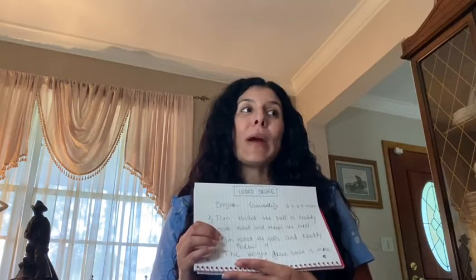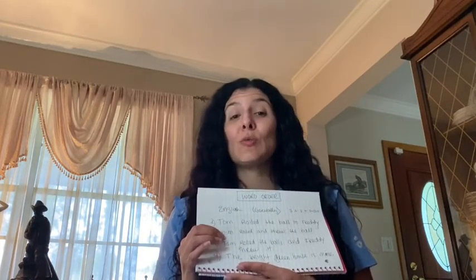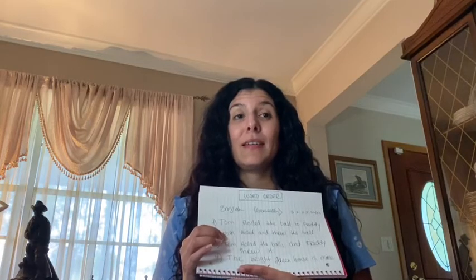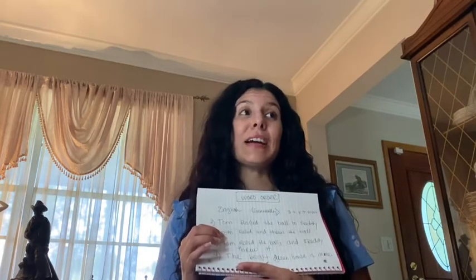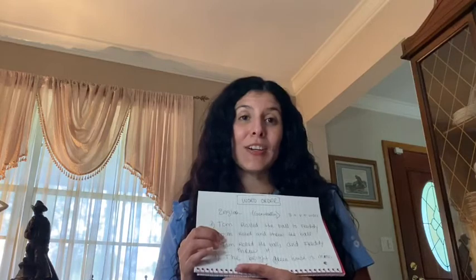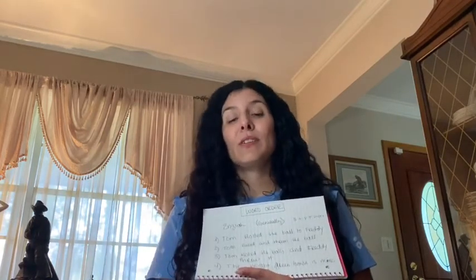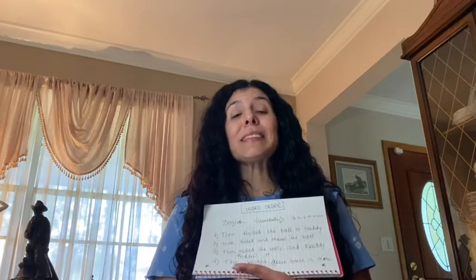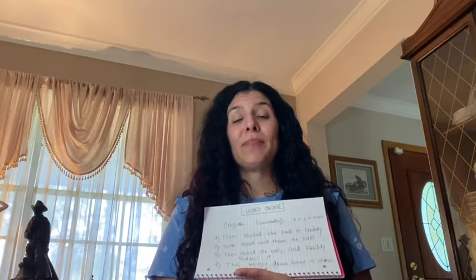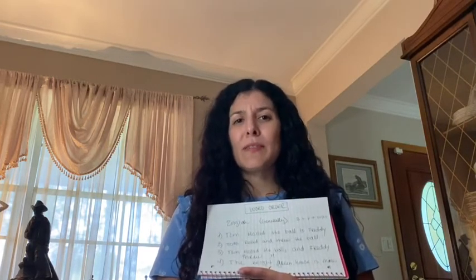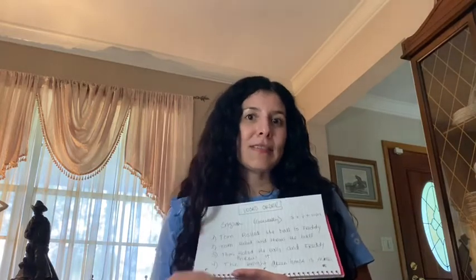However, the way that I know who is doing the action of speaking is with the subject. If I say I speak, I know I'm the one doing the action. If I say we speak, I know we is the one doing the action. That's how I know who's doing the action. In Spanish, this is going to be a little bit different, and we'll look at that in just a second.